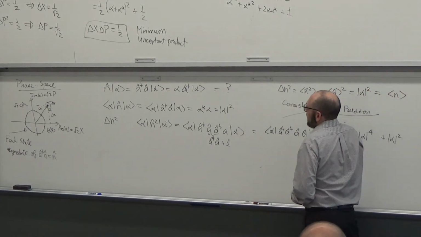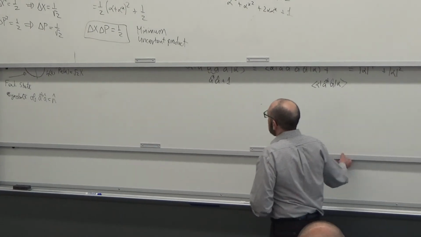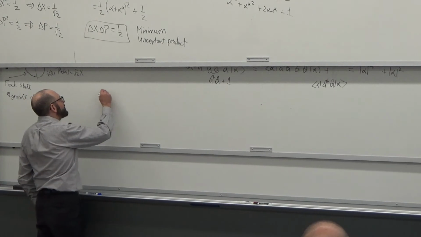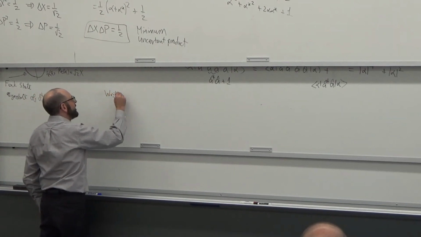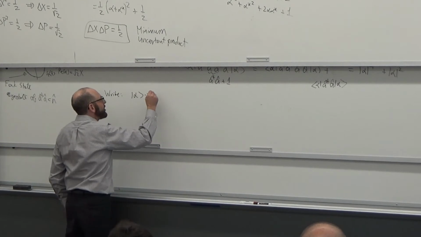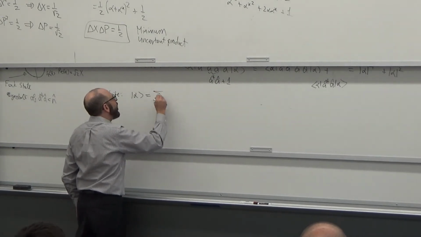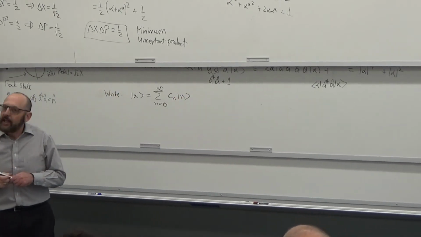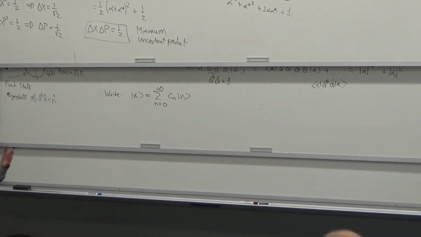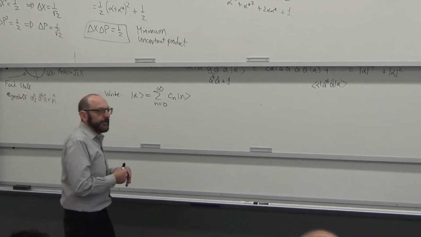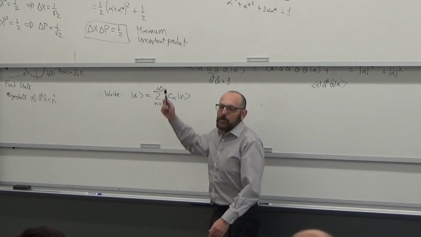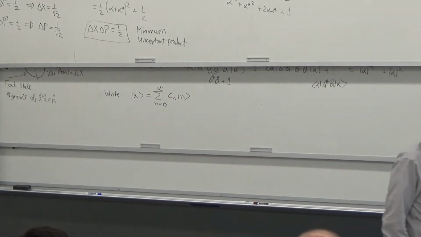So to do that, let us write the coherent state as some arbitrary state in Hilbert space. Any arbitrary state in the Hilbert space of the single mode can always be expressed in the basis of Fock states. So we want to show that there exists some set of coefficients C sub n which make this an eigenvector of the annihilation operator. Okay?